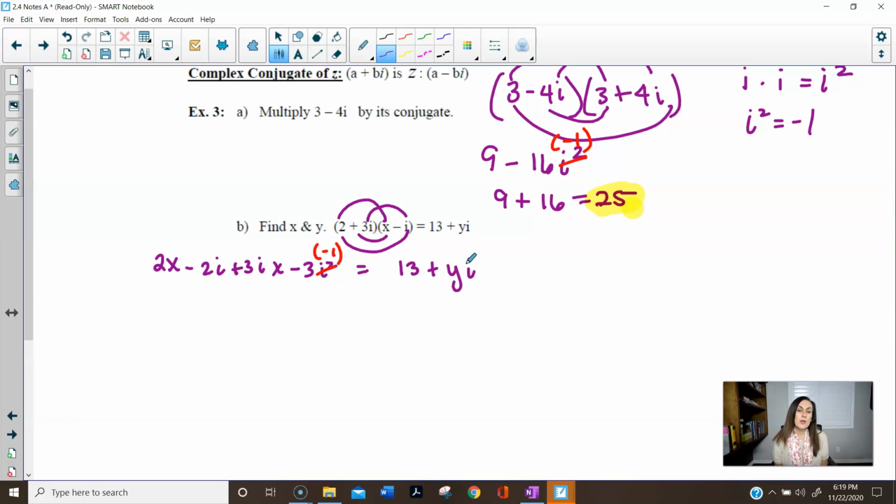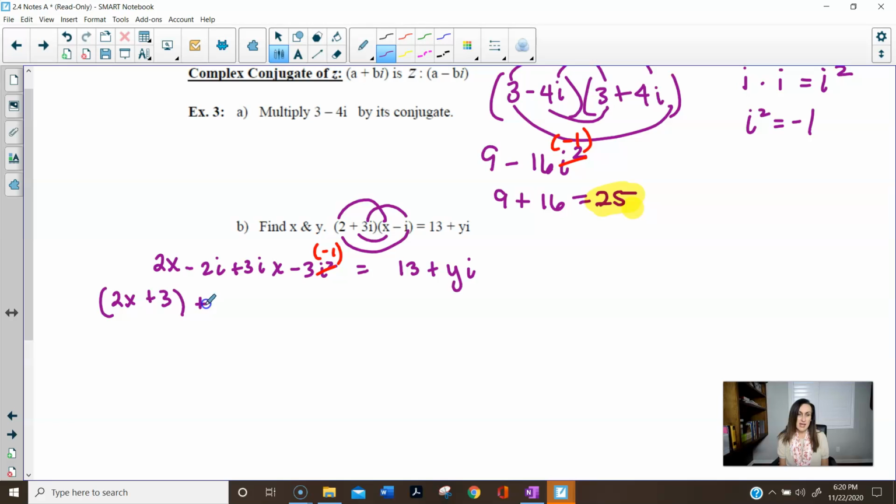Now, we are supposed to figure out what x and y are. So that's what we're trying to do. So we're going to clean this up over here a little bit. I am going to do a negative 3 times a negative 1 is a positive 3. So I'm going to take the 2x plus 3. I'm going to call that my real part. So I've kind of grouped together my real part.